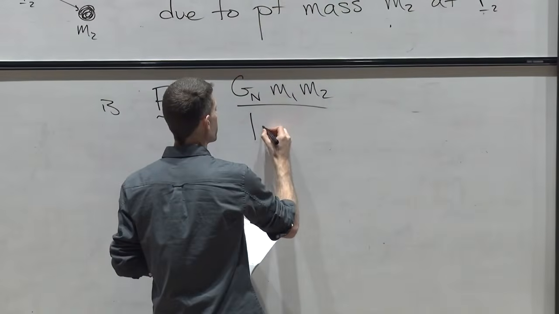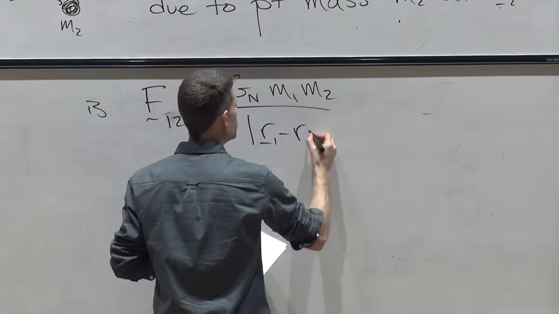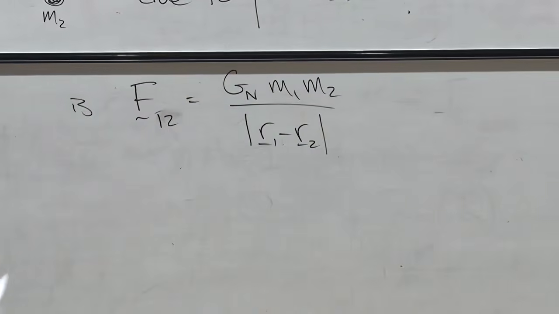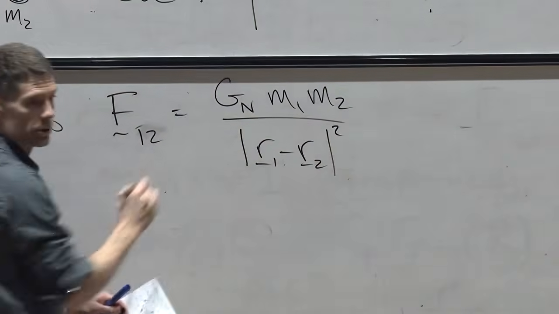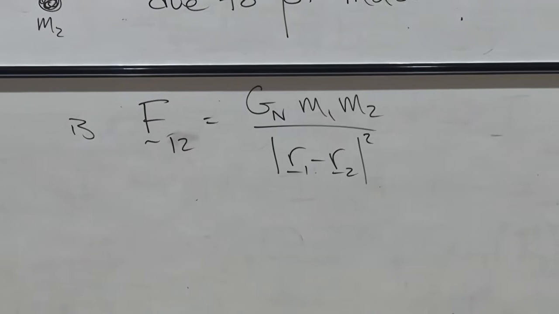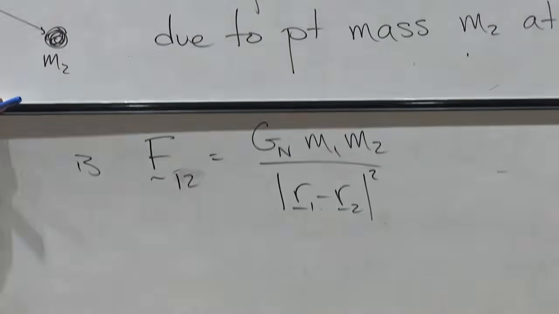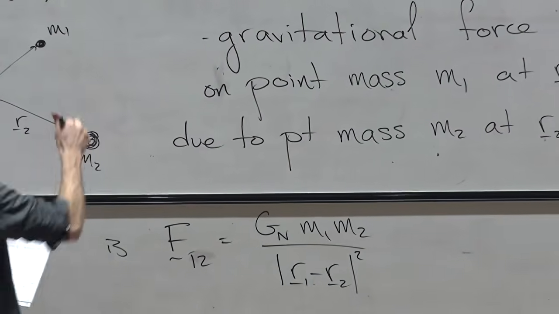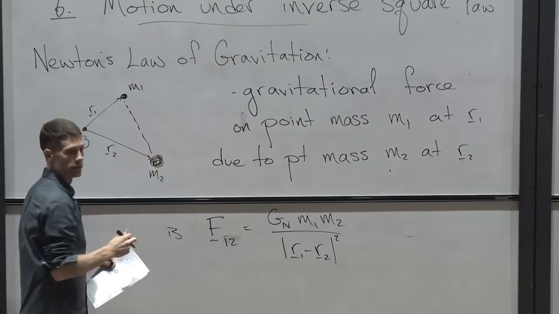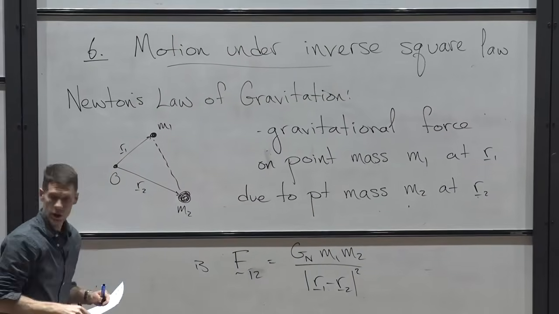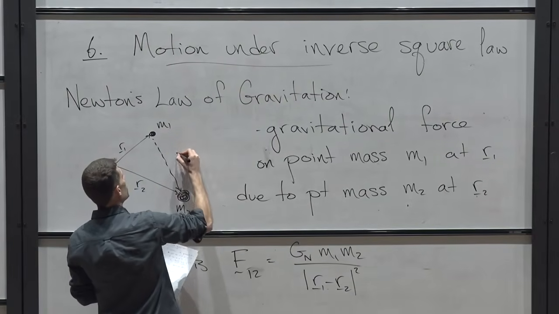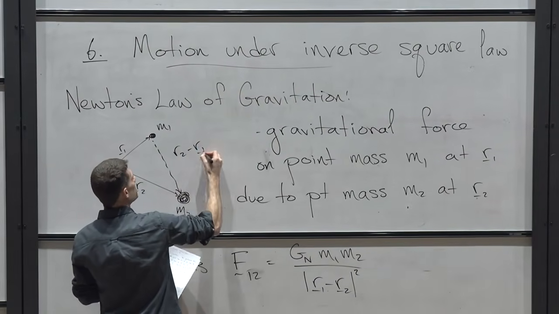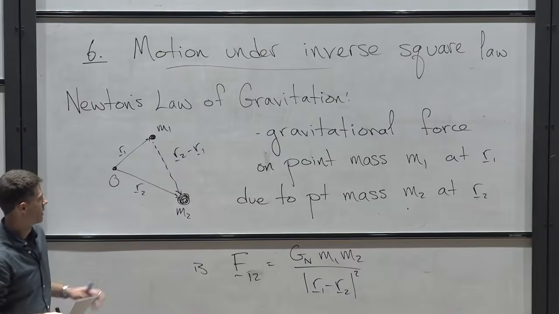It's the inverse square part of the law, so that's the magnitude of the vector r1 minus r2, squared, that's the distance between them squared, and that vector is going to point towards r2. So this is the vector r2 minus r1.